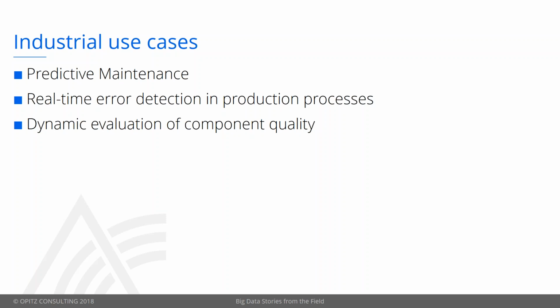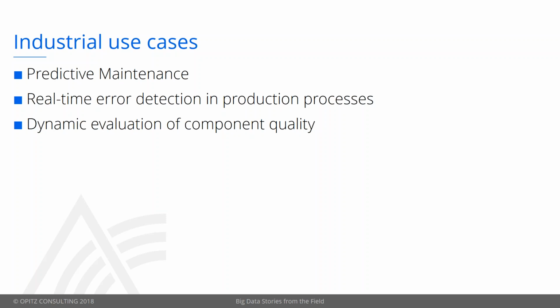Second, real-time error detection in a production process is used to uncover errors in the production chain that would not be noticed at all, or only at the end of the production process. You could also use our example to process the data along the production chain.